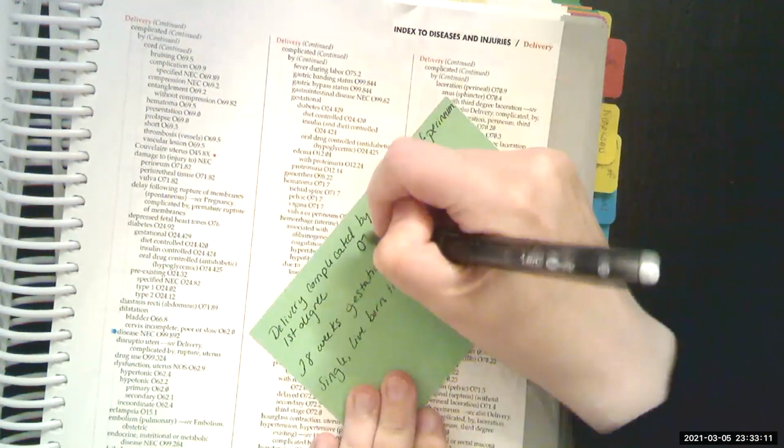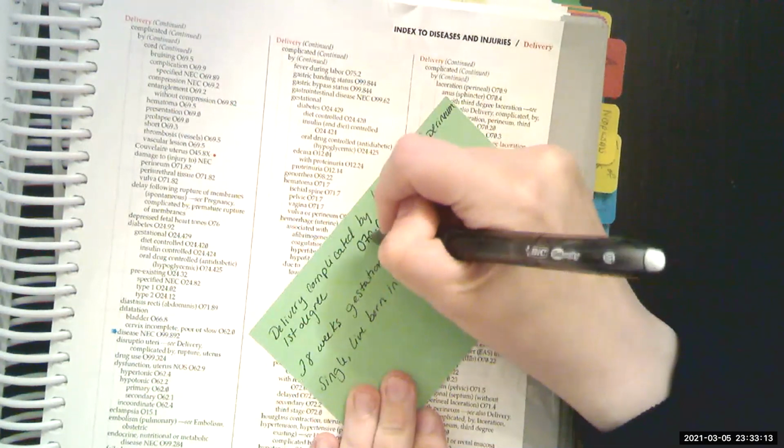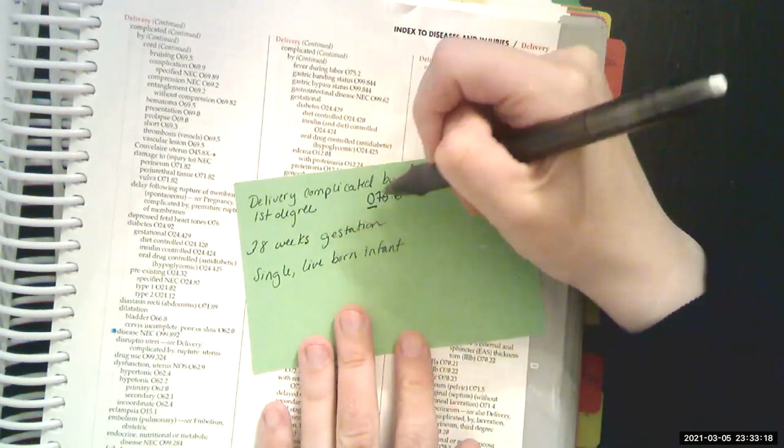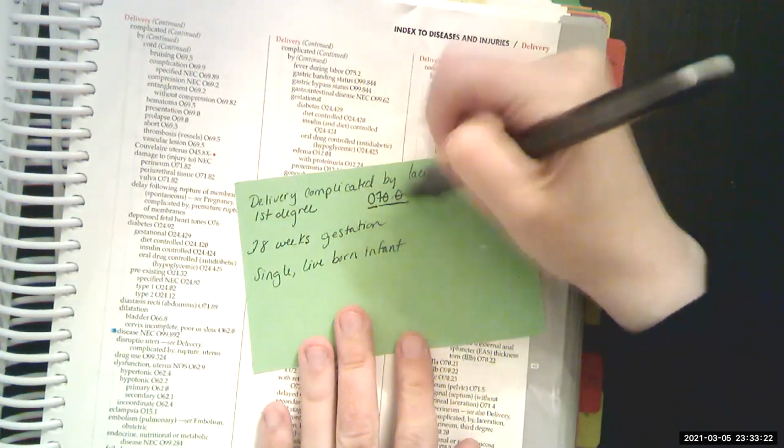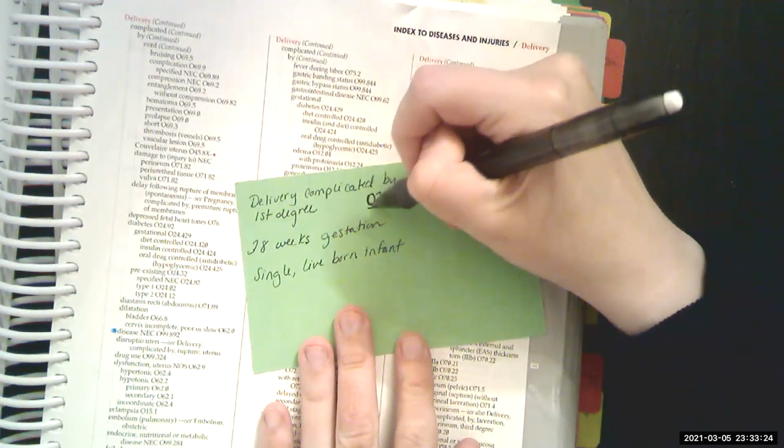So let's go down and see what else we need to do. Make sure, I said 0, but it's O70.0. So make sure you know the difference between your O's and your zeros.